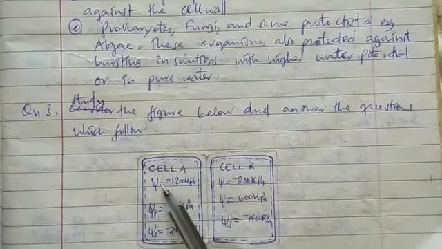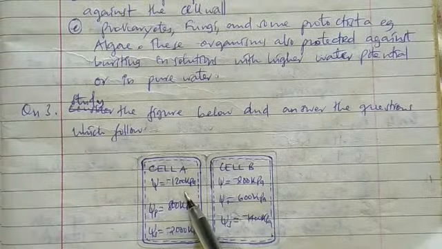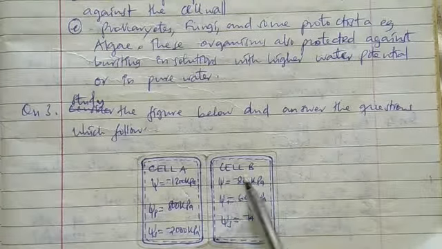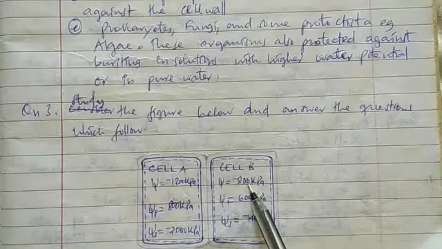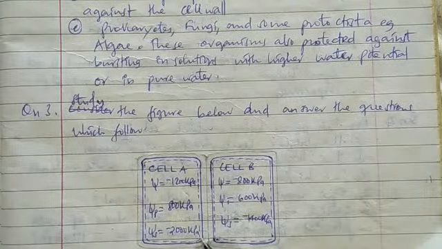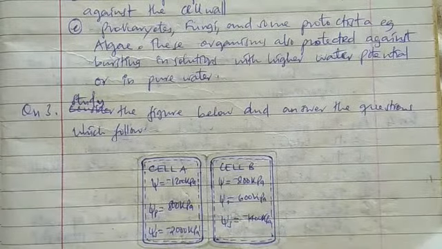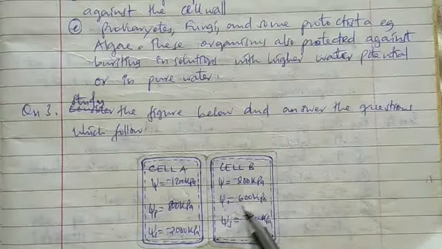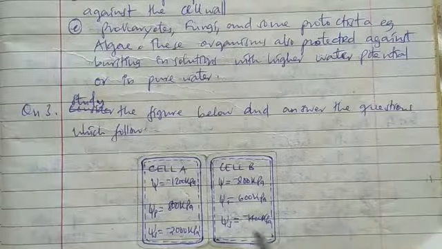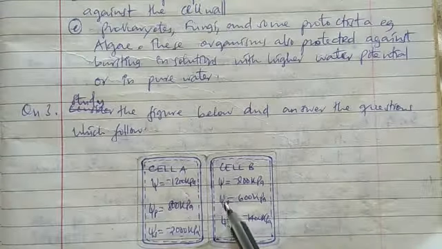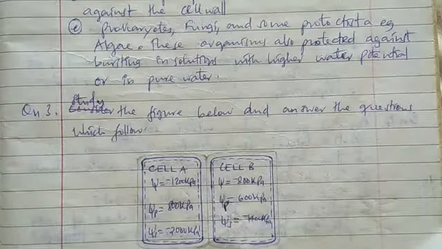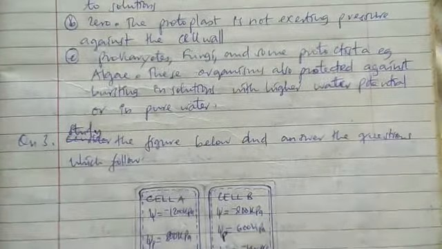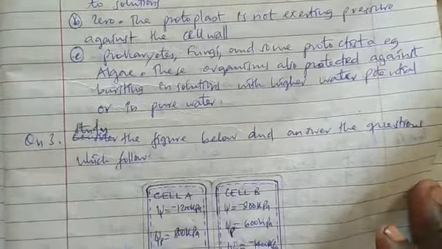In cell A, we have negative 1,000 kilopascal, and this is negative 800 kilopascal water potential. The pressure potential is this one, and here the pressure potential is this one, and this is the solute potential. Pressure potential and solute potential of these two different cells.